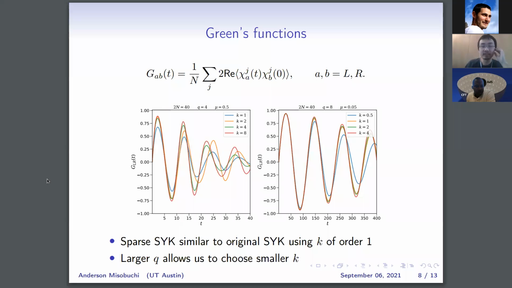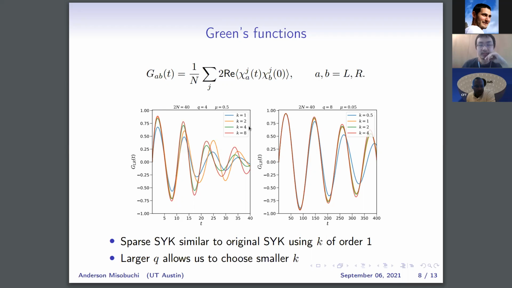We have computed the Green's functions numerically for this sparse model. We went up to 40 Majoranas in total. Due to the presence of the interaction, the left-right correlator, which should be zero if there was no interaction, gets non-zero and oscillates. The frequency of oscillation should match the energy gap of the system.